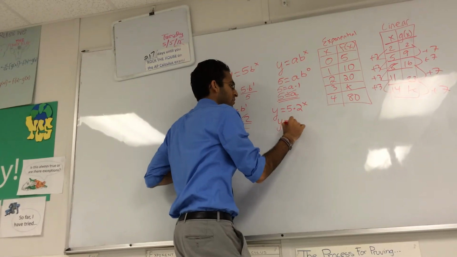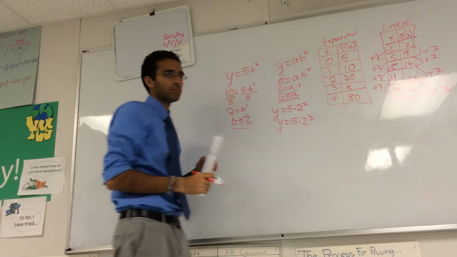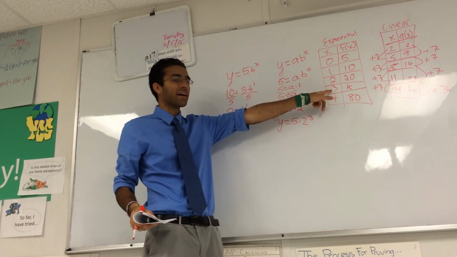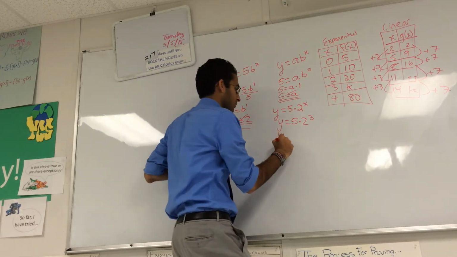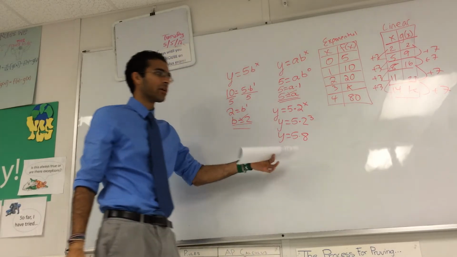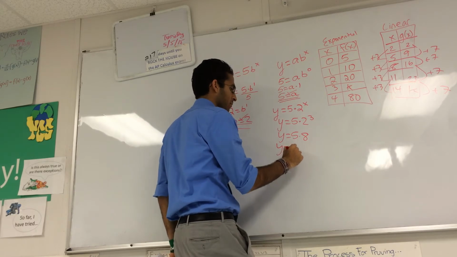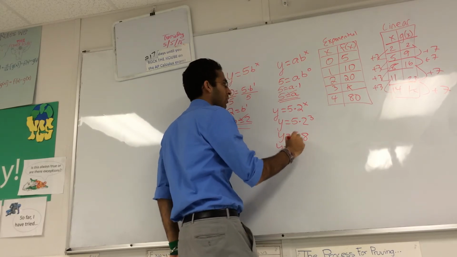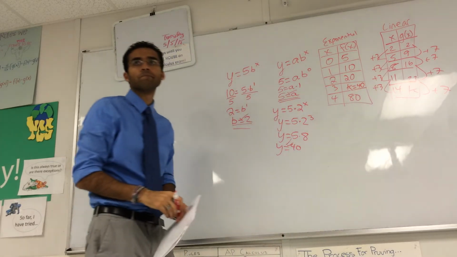So y equals 5 times 2 cubed. 2 cubed is 8, so y equals 5 times 8. Y must be 40. So the k value equals 40.